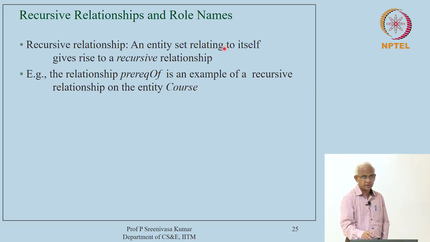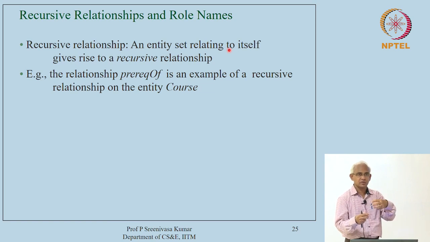Basically what we have here is that there is a relationship type, and in that relationship type an entity is participating more than once. So far I said there are some participating entities. I never said that a particular entity should not participate more than once in a relationship type. I will show you an example of such a thing right here.